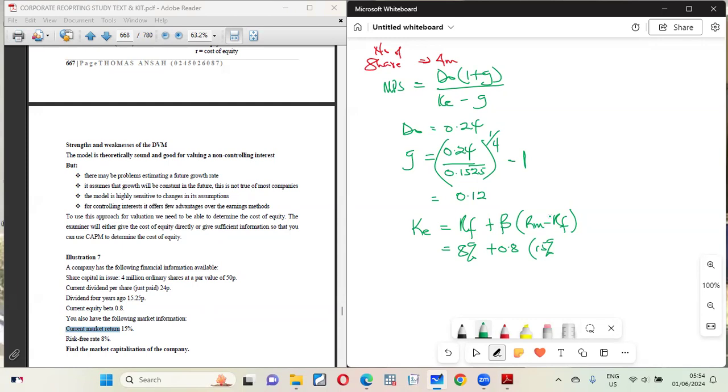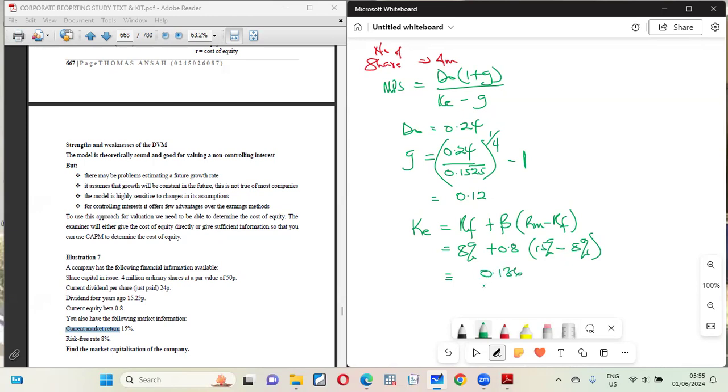You just put it in straight. All right, be guided. Then RF again, which is 8%. So how do we go about this? If you work this one, what will you get? You get like 13.6%. And that is like 0.136.